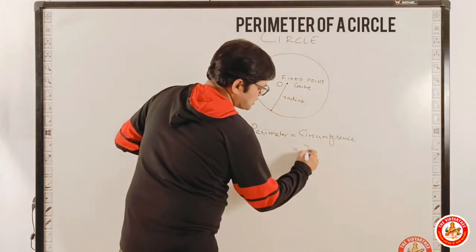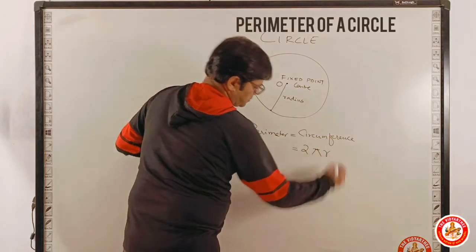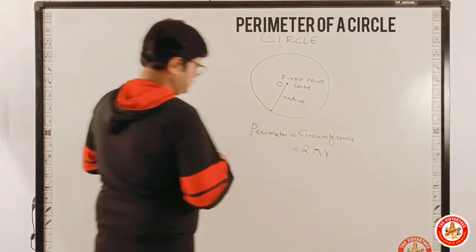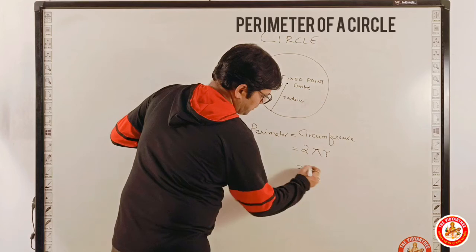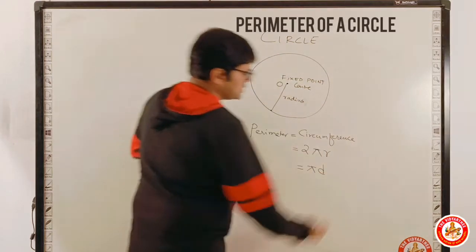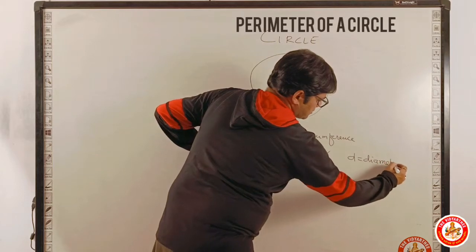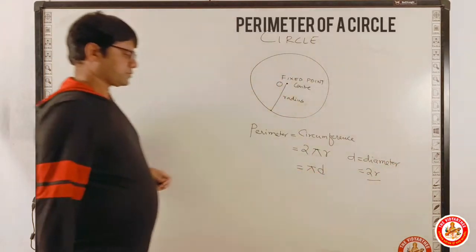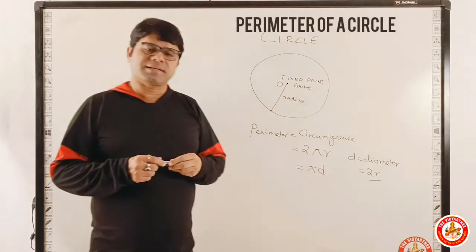So it is 2 times of the pi value into the radius. It is also called as pi into d. Here d is the diameter. This is also, the measure is 2 times of r. This we have to remember in case of circle.